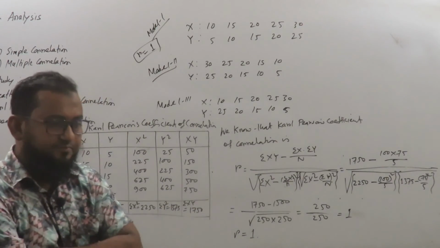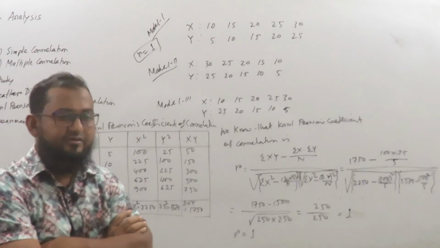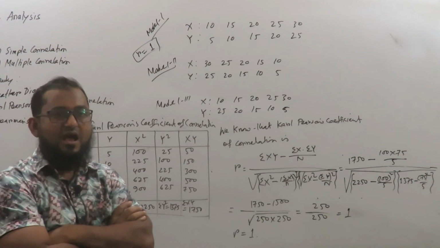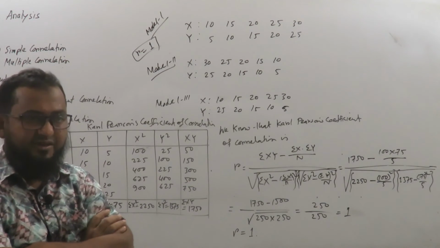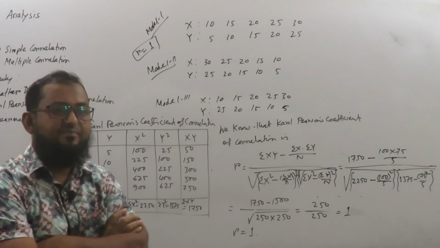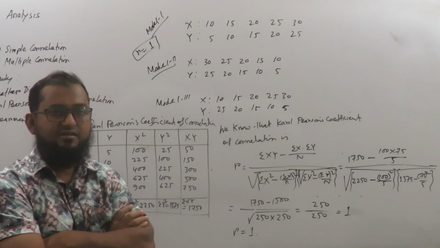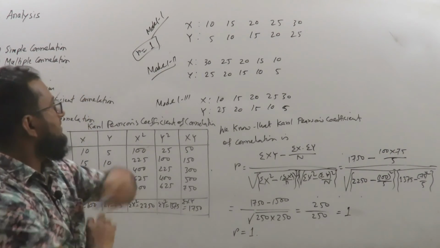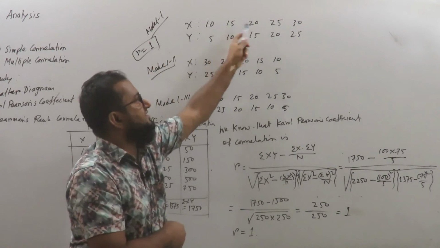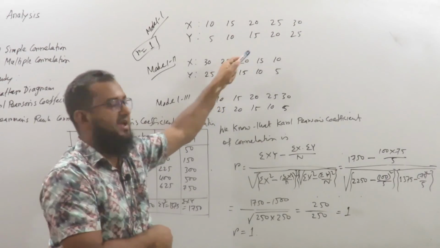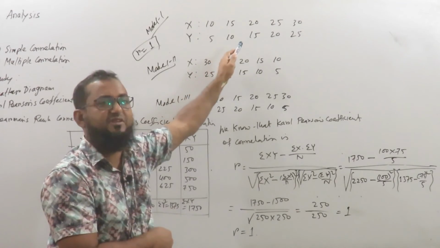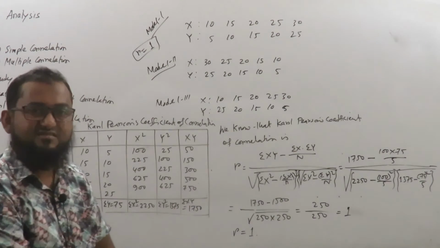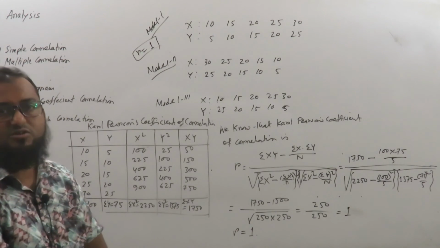So dear students, what we have learned from the value r equal to 1 is that there is a perfect positive correlation between x and y. X is changing in the same direction, and y is also changing in the same direction. So ordinarily we can say the change pattern is the same, so why should r not equal 1?